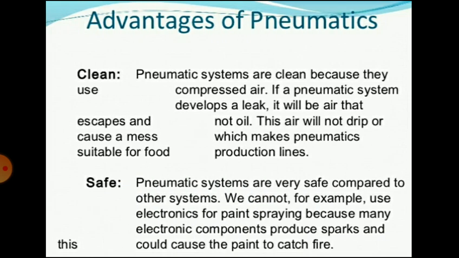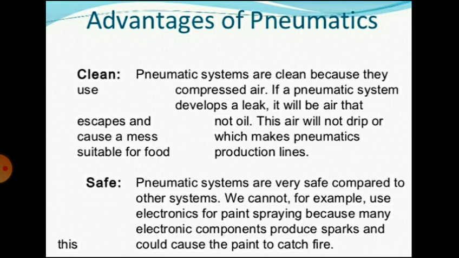Then advantages of pneumatic systems. Clean: pneumatic systems are clean because they use compressed air. If a pneumatic system develops a leak, it will be air that escapes and not oil. This air will not drip or cause a mess, which makes pneumatics suitable for food production lines.